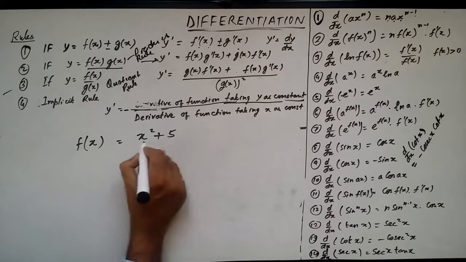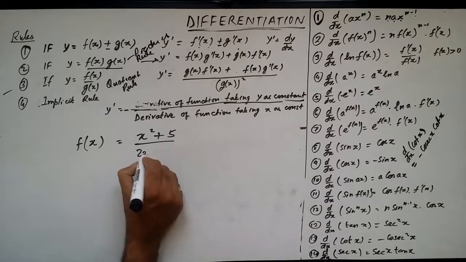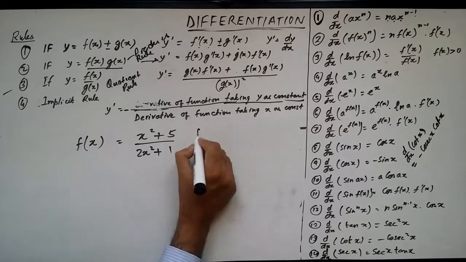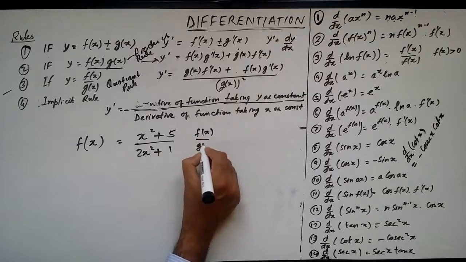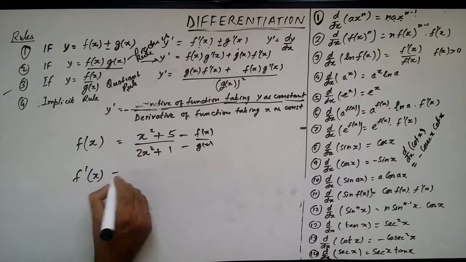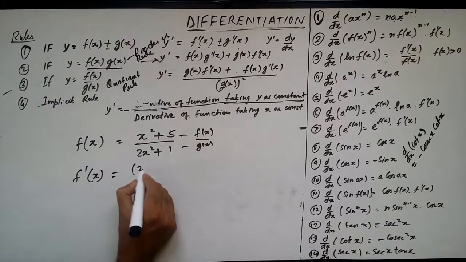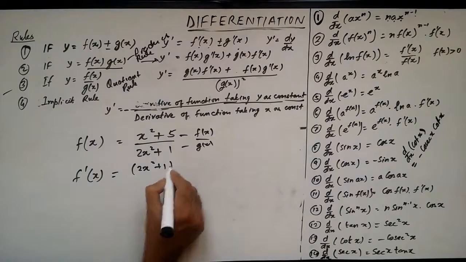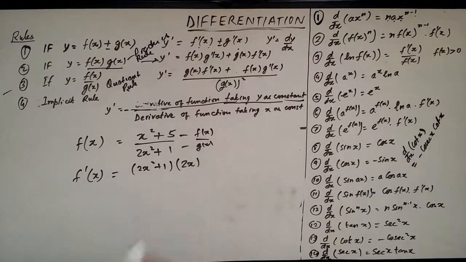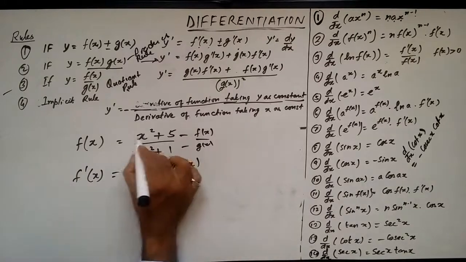So this is x squared plus 5 upon 2x squared plus 1. This is the numerator, and this is the denominator. So the quotient rule says the denominator, that means 2x squared plus 1, into the differential of the numerator x squared plus 5. The derivative of x squared plus 5 is 2x plus 0.